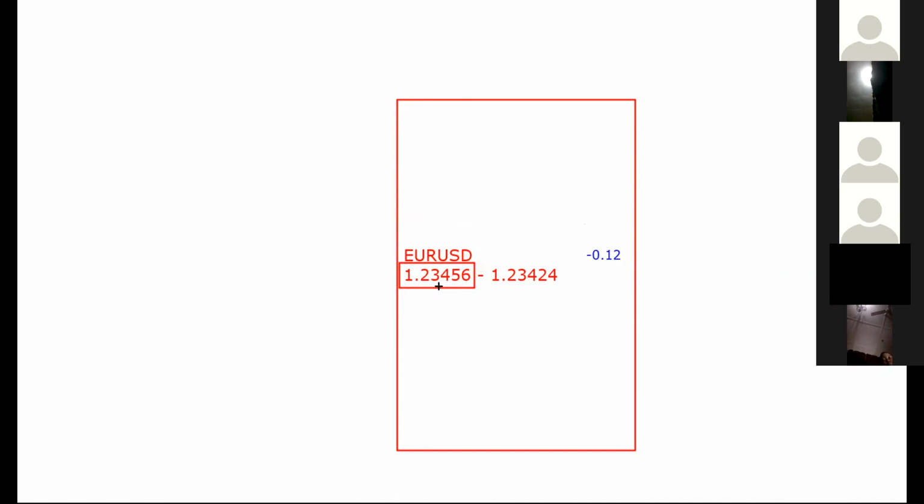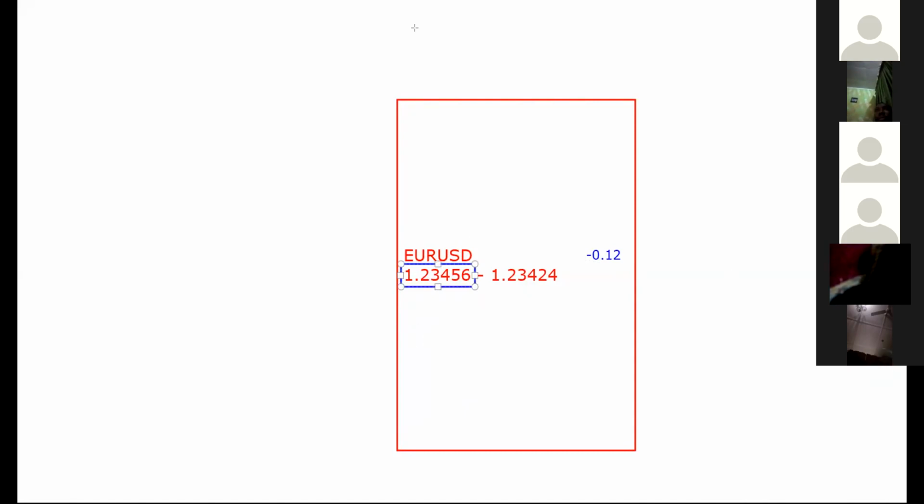So if, for instance, you are selling Euro USD, because we are targeting 10 pips per day. All right, so sorry about that. Let me put it. This first number is your entry value, all right?